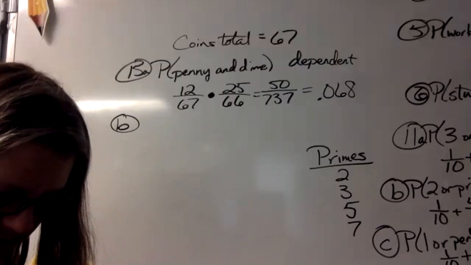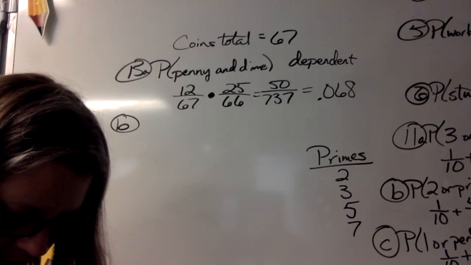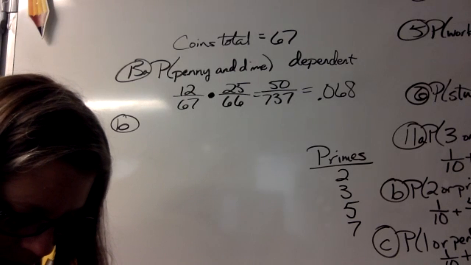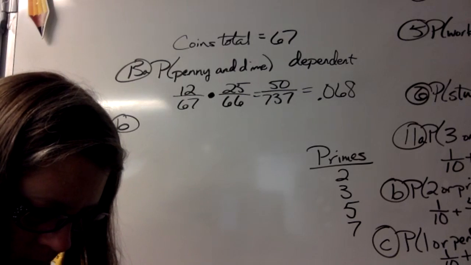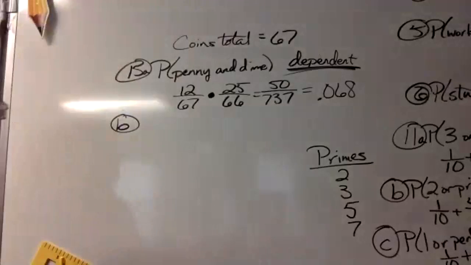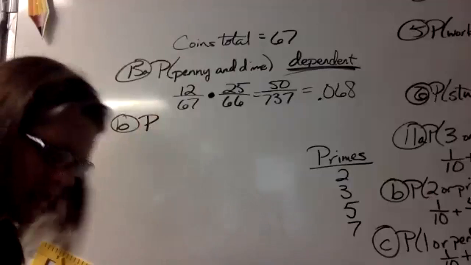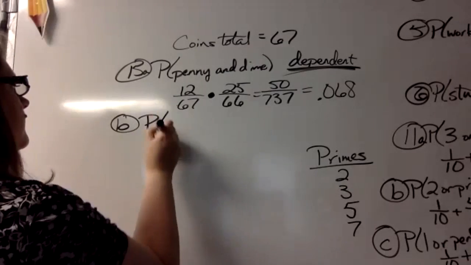Now part B says a quarter and then a nickel are chosen without replacement. So again, that's dependent. All of these are going to be dependent on number 15. Everybody get that? Okay. So probability of a quarter and then a nickel.